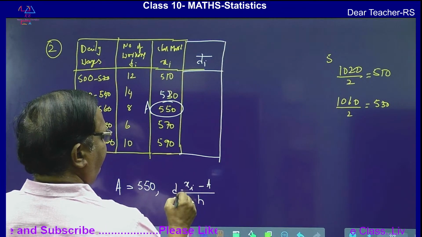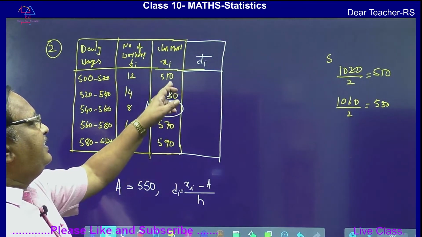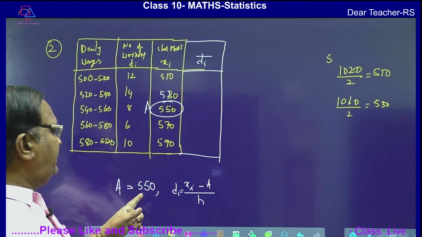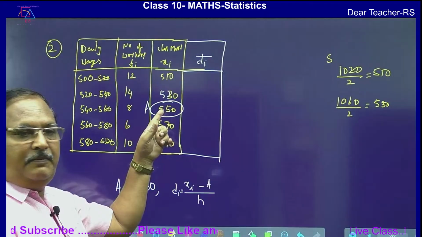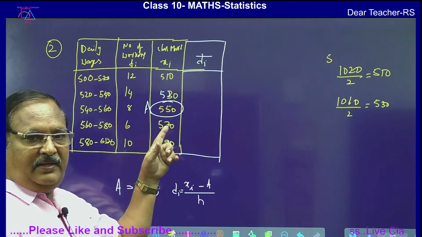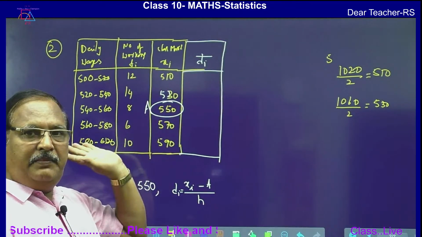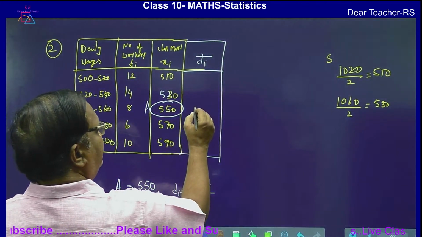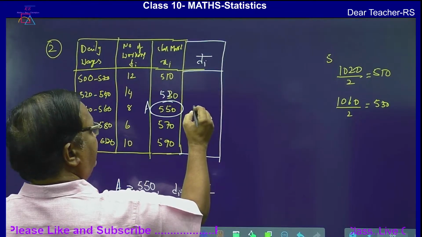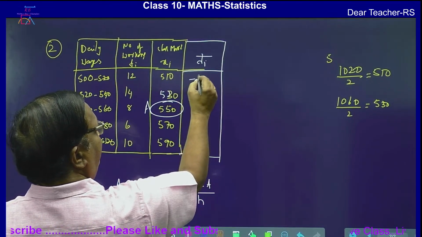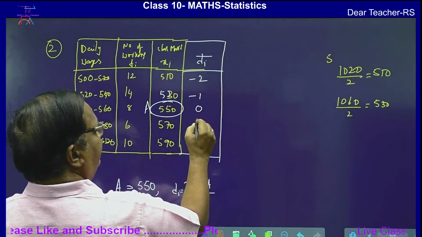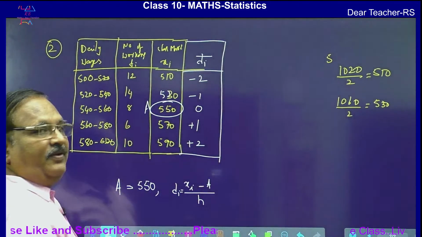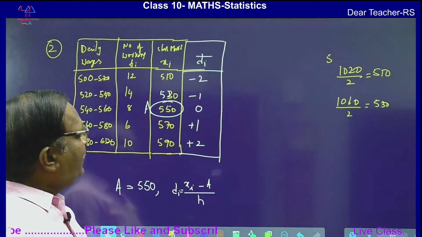Xi means 500, all these are xi's, minus A means 550. Better take it in the middle. So then this will become 0, this will become minus 1, this will become minus 2, this will become plus 1 and this will become plus 2. So this is how it will come.